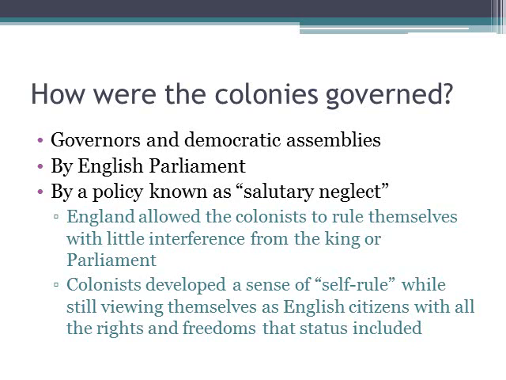They were governed by English Parliament, mainly with regards to trade, but mostly Parliament practiced a policy that's come to be known as salutary neglect. And what that really means is that England allowed the colonists to rule themselves with very little interference from the king or Parliament. The colonists developed a sense of self-rule while still viewing themselves as English citizens with all the rights and freedoms they were entitled to with that status.